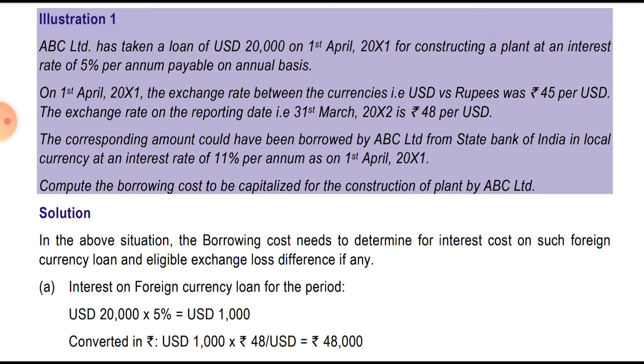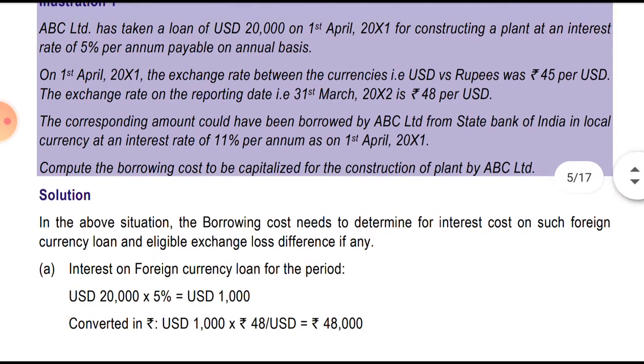How to proceed with this question is, first we have to calculate the interest as per the USD. Let's take the calculator in hand and quickly do this. 20,000 into 5%, because the rate was 5%, amounts to 1,000, and then multiply it with the closing rate 48, so we get 48,000 as foreign currency interest.